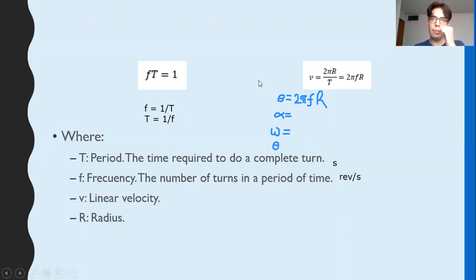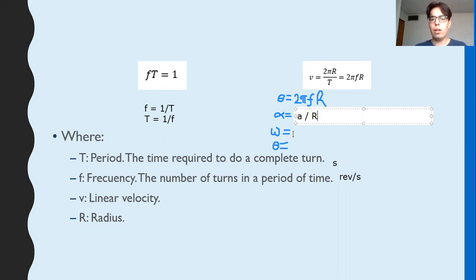Okay. What you have to do is, if you have the linear form, you just have to divide it. You divide the regular form, like normal acceleration, by the radius.